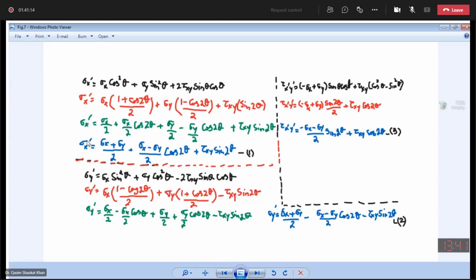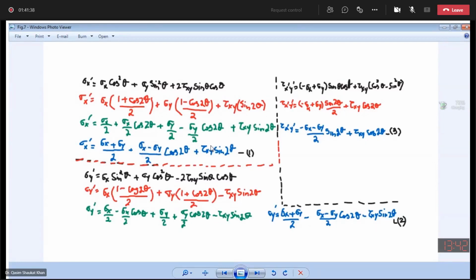Now I'm just going to rearrange the coefficients. So sigma x dash is equal to sigma x over 2 plus sigma y over 2, so this will become sigma x plus sigma y over 2, plus sigma x over 2 cos 2 theta minus sigma y over 2 cos 2 theta, so this will become sigma x minus sigma y over 2 cos 2 theta, plus tau xy sin 2 theta.